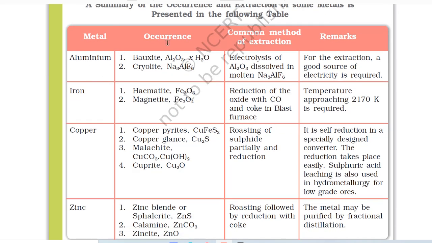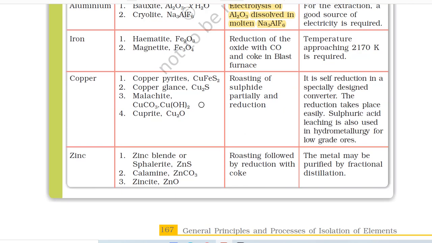Metal aluminium. Occurrence: first bauxite, Al2O3 into XH2O, second cryolite, Na3AlF6. Common method of extraction: electrolysis of Al2O3 dissolved in molten Na3AlF6. Remarks: for the extraction, a good source of electricity is required.